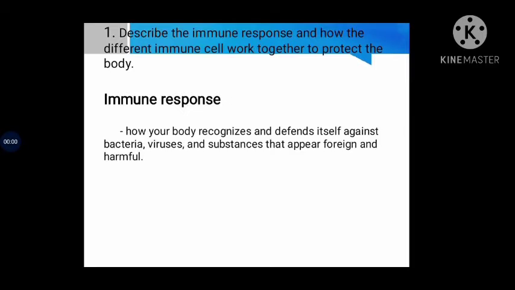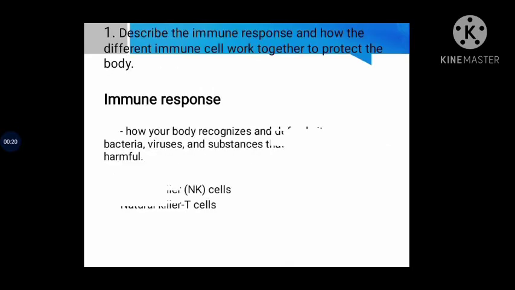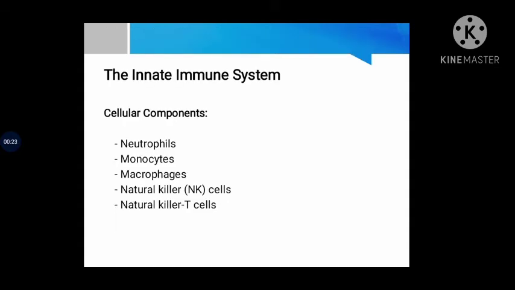The next one is to describe the immune response and how the different immune cells work together to protect the body. The immune response describes how your body recognizes and defends itself against bacteria, viruses, and substances that appear foreign and harmful. The first type of immune system is the innate immune system.